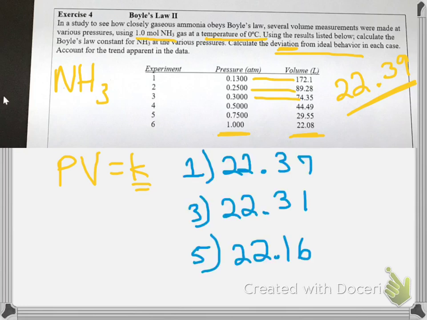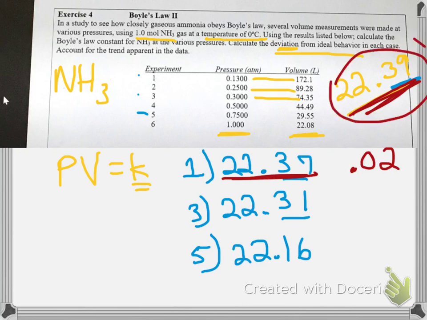I've done 3 of these calculations for you, for experiment 1, experiment 3, and experiment 5. And I want you to notice it is never perfect. It's never perfectly 22.39. There's always a slight deviation. So in experiment 1, my deviation is 0.02. The difference between the ideal Boyle's constant and P times V in experiment 1 is 0.02.